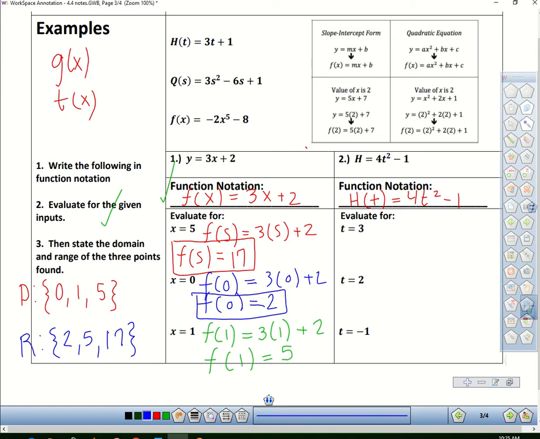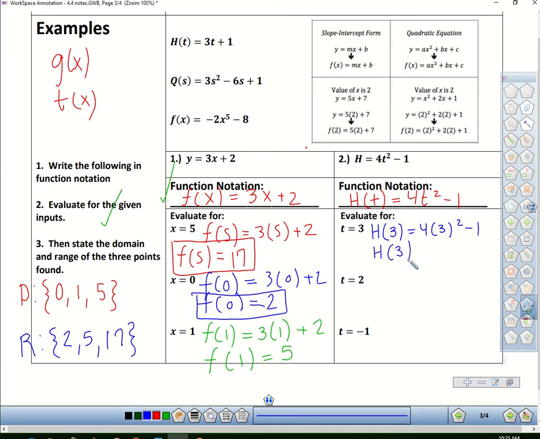So then moving on, we have to evaluate for t into this function. So this is going to be h of 3 is equal to 4 times 3 squared minus 1. You have to do exponents first. So what's 3 to the second power? 9.